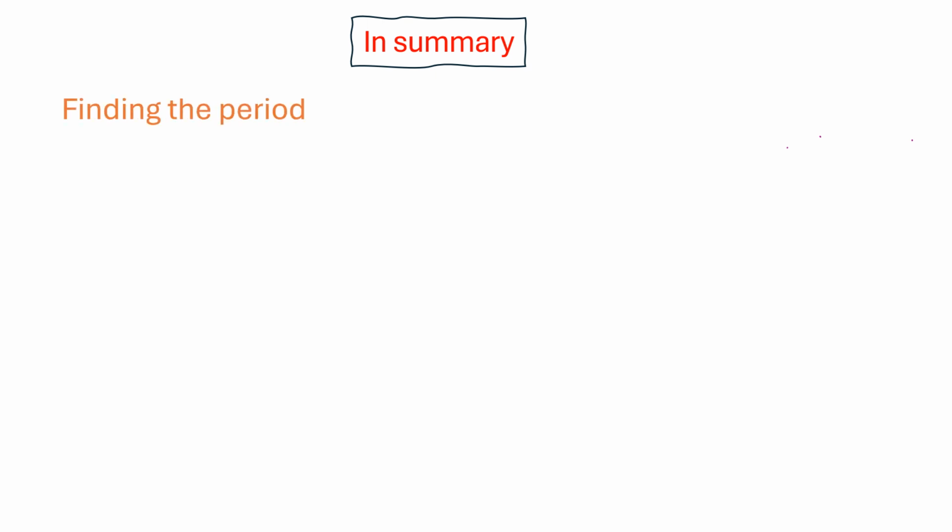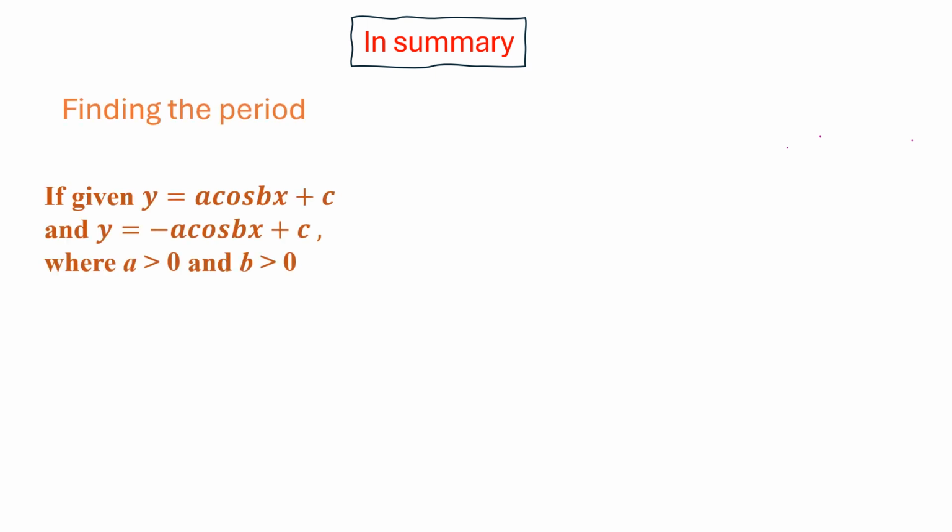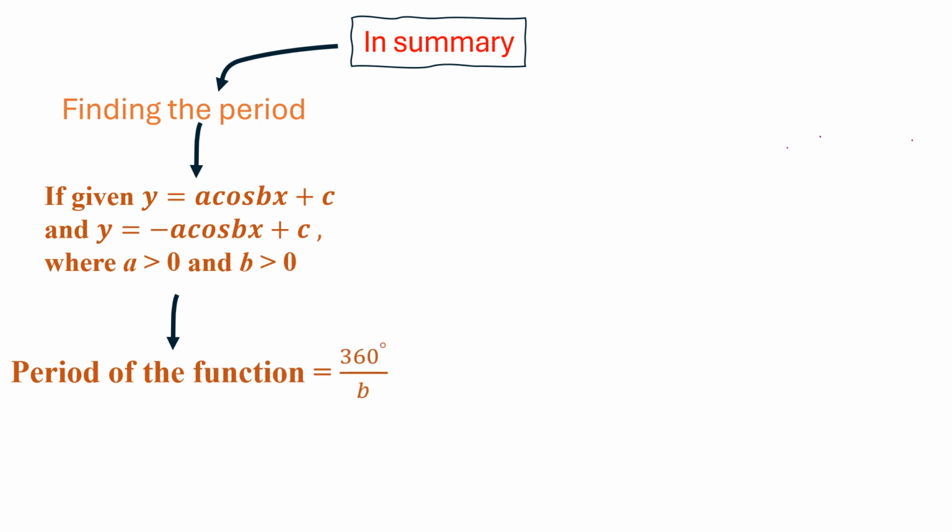Alright, let's also provide a summary for finding the period of the cosine curve. So if you're given the cosine function, then to find the period of the function will be 360 degrees divided by b, or 2 pi divided by b. Right, so let's have an example.